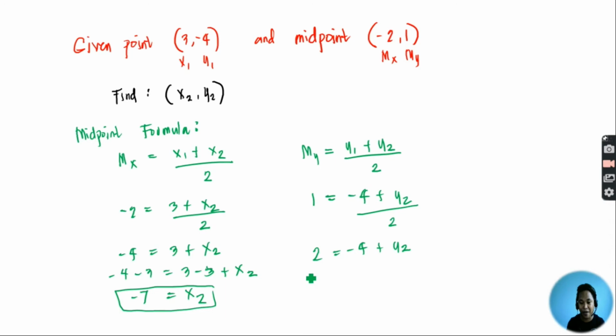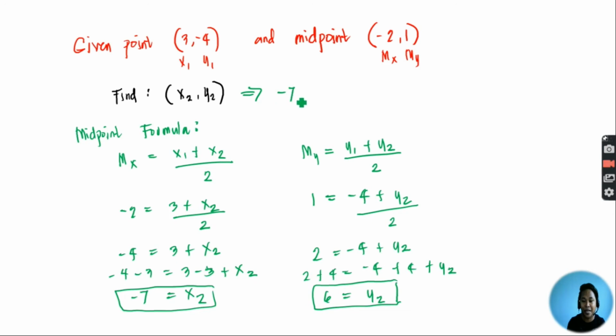Adding 4 to both sides, 2 plus 4 is equal to -4 plus 4 plus y sub 2. So we have 6 for our y sub 2. So the coordinates of the other endpoint that we are looking for is at (-7, 6). So ito na po yung ating coordinates.